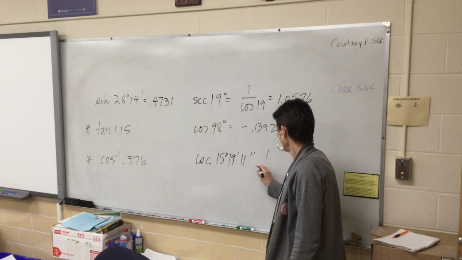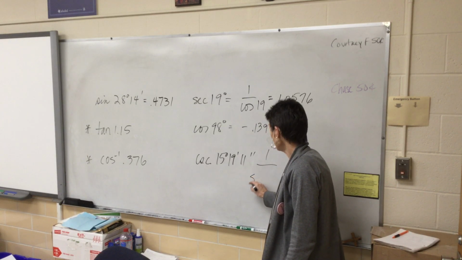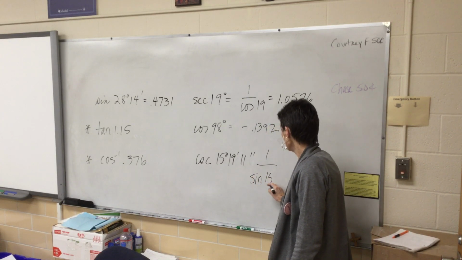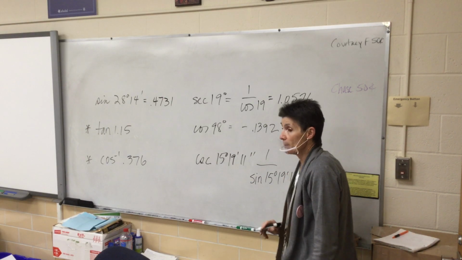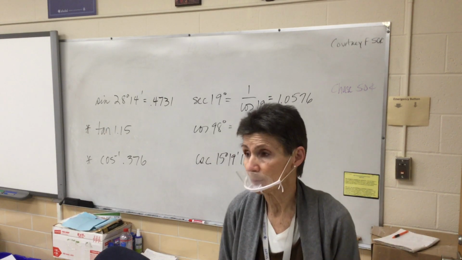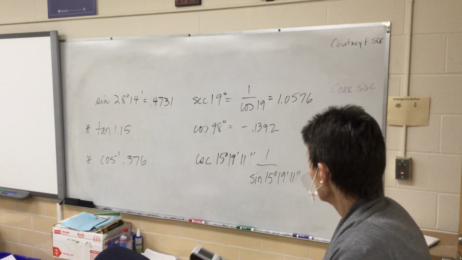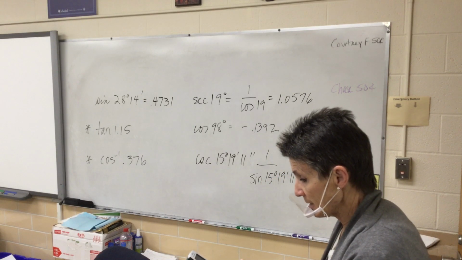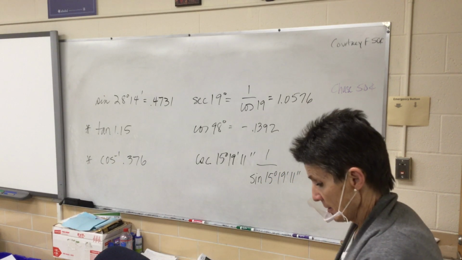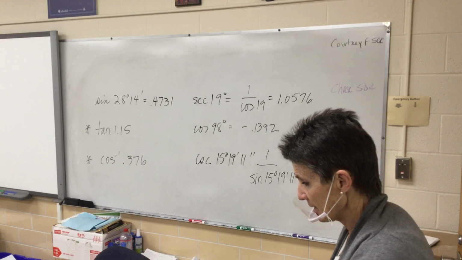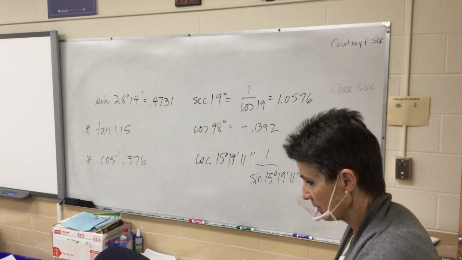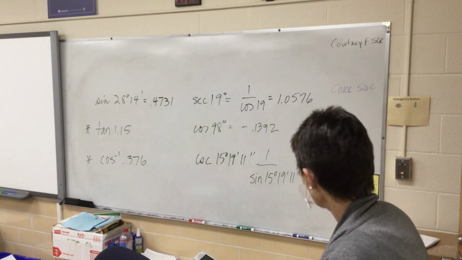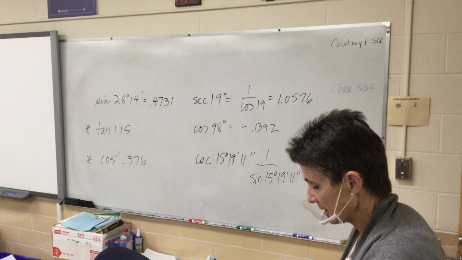It's 1 over sine, 15 degrees, 19 minutes, 11 seconds. Remember, cosecant is the reciprocal of the sine. So 1 divided by sine of 15 degrees, 19 minutes, and 11 seconds.